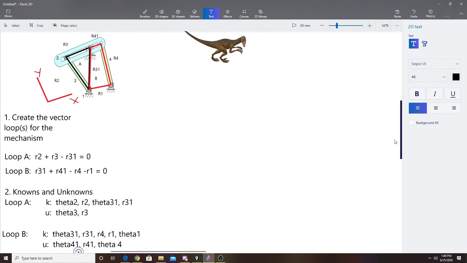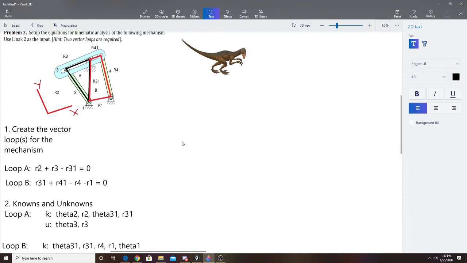So for this picture right here, there's probably a couple ways to do it. Between R1 and 2. That is good. That is actually the other way that I thought to do it.